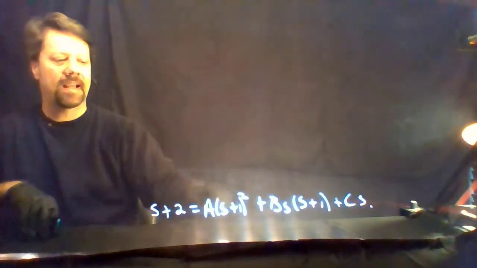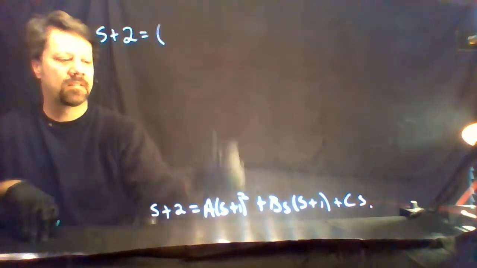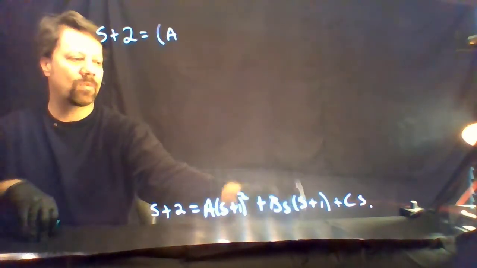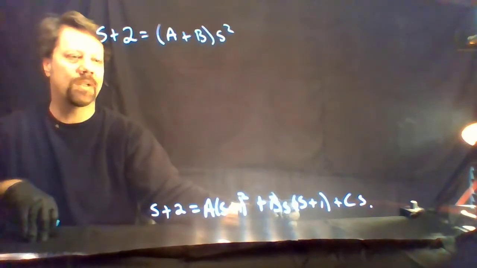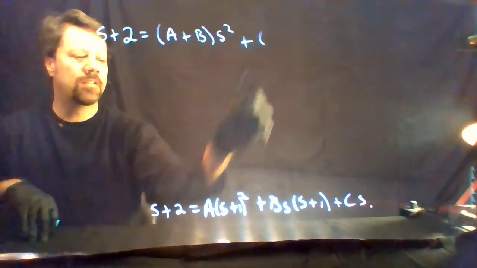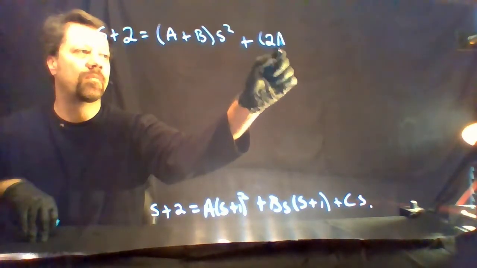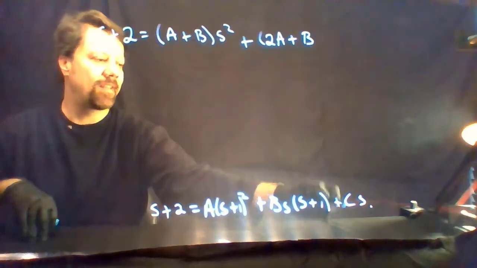Collecting like terms on the right-hand side, we'll have an s squared times a, and s squared times b, and those are the only s squared terms. For the s terms, we'll have a 2as here, we'll have a plus bs, and then plus c.